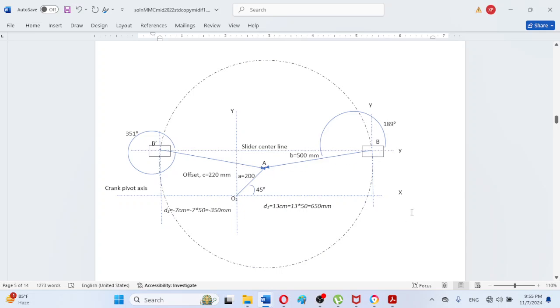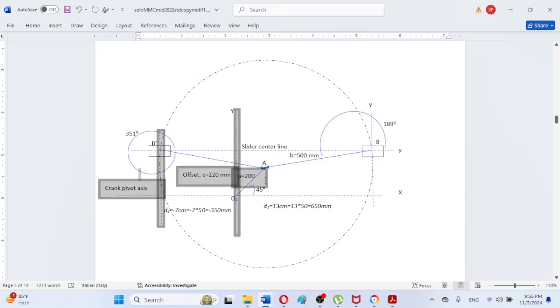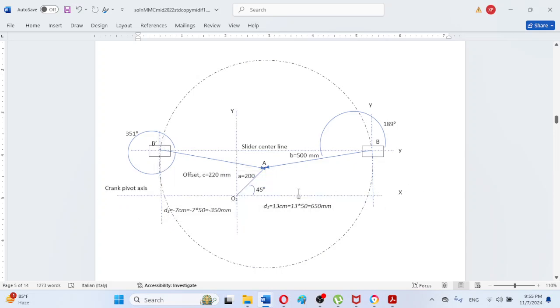The procedure is simple, that I can orally state here, that for the case of crank slider mechanism, we will first of all place the crank at the correct angle of 45 degree with the help of a protractor, and its length will be measured according to the scale. So O to A will be marked, that will be the input.